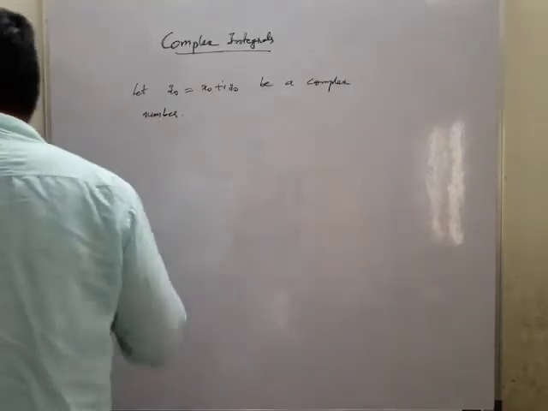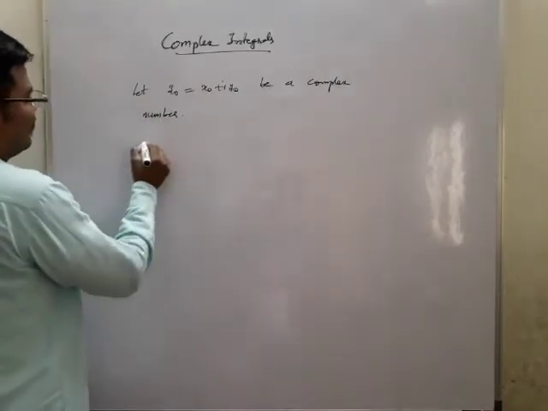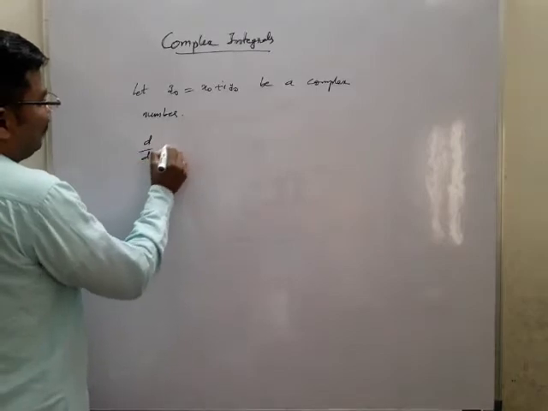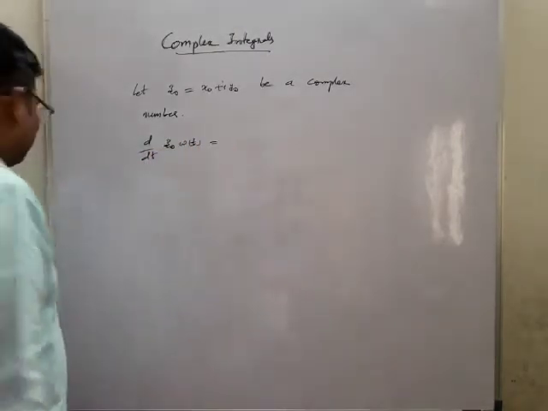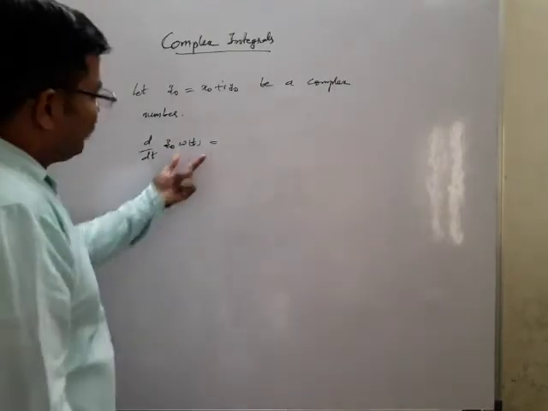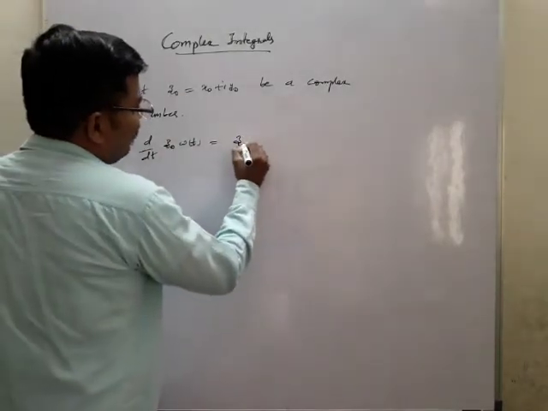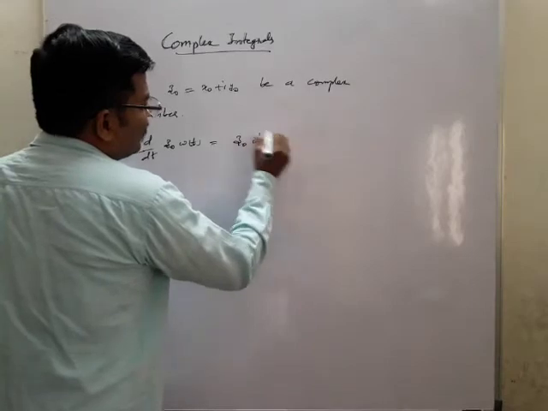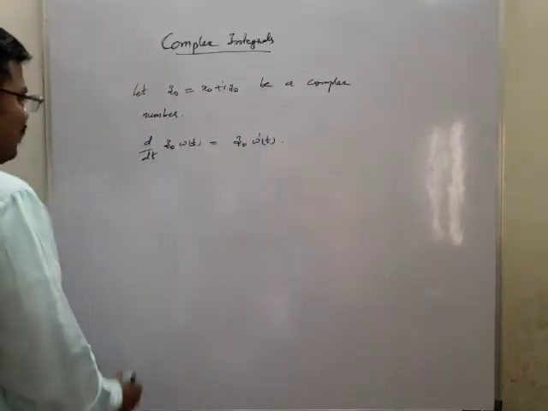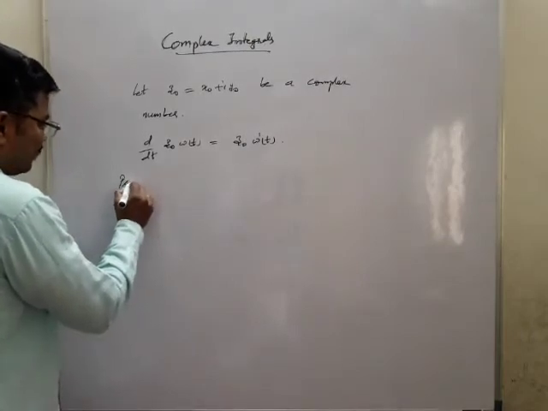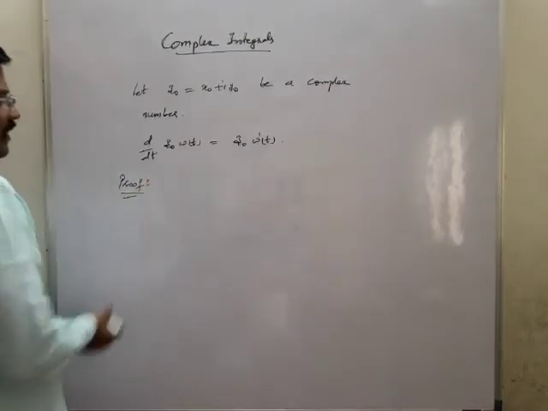Then we'll try to find the value like this: d by dt of z naught into W of t is equal to z naught into W dash of t. Now this is what we are going to prove. Okay, so a small proof, which is very easy.